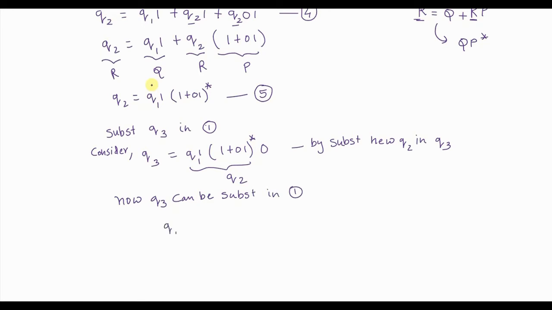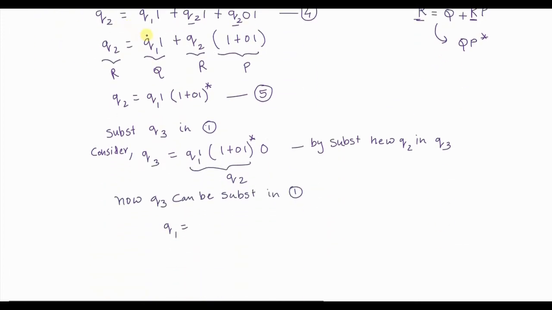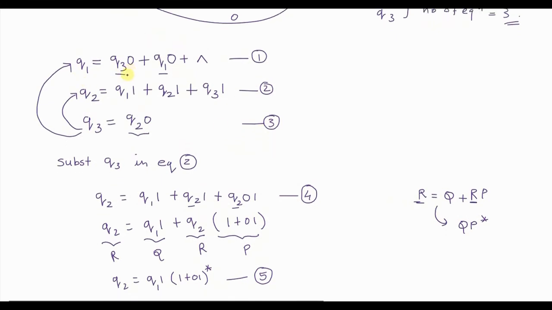So Q1 now becomes, what is Q1? Q1 now becomes Q3 0. And what is Q3? Q3 is this whole term. So Q1 is Q1 1 plus 0 1 the whole star 0. So this whole thing will be Q3, so it is Q3 0.